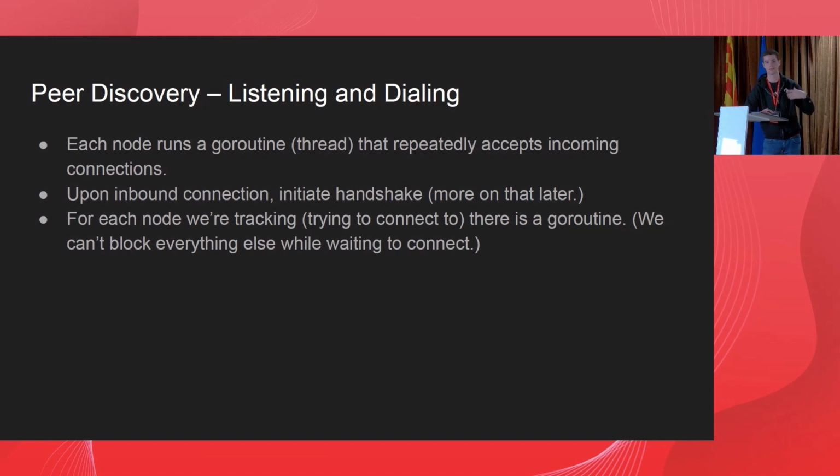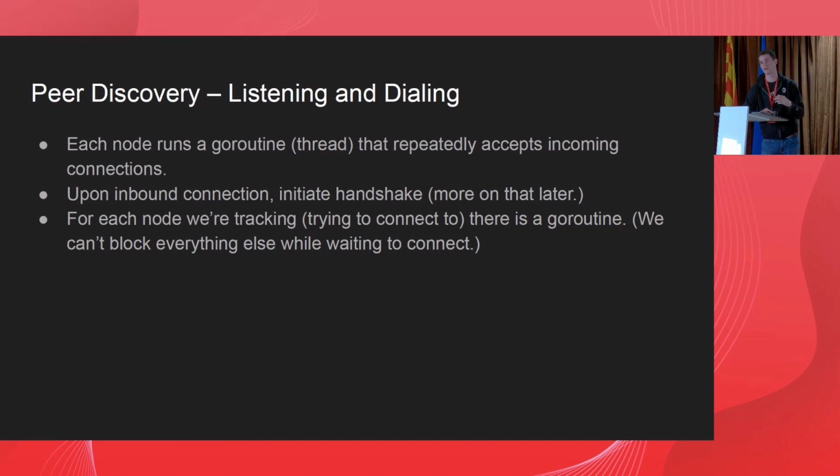Because you just want to keep accepting inbound connections and establishing new connections to peers as long as AvalancheGo is running. Similarly, every time I hear about someone and I want to connect to them, I start a goroutine that tries to connect to that node.